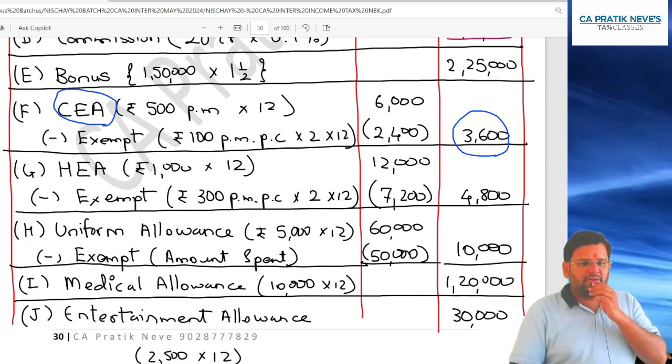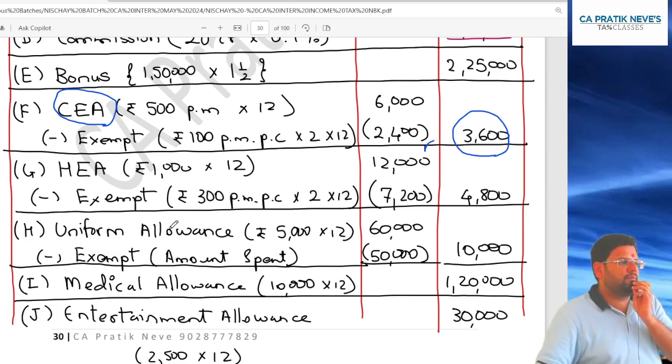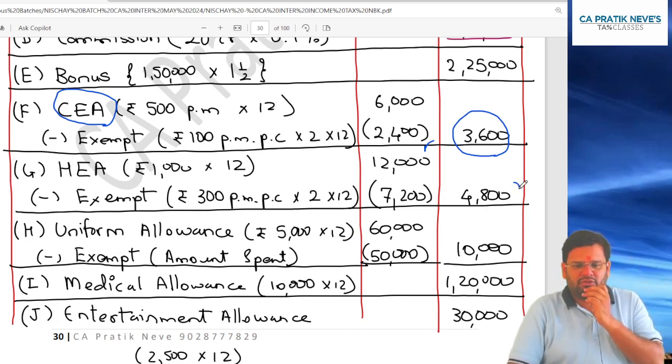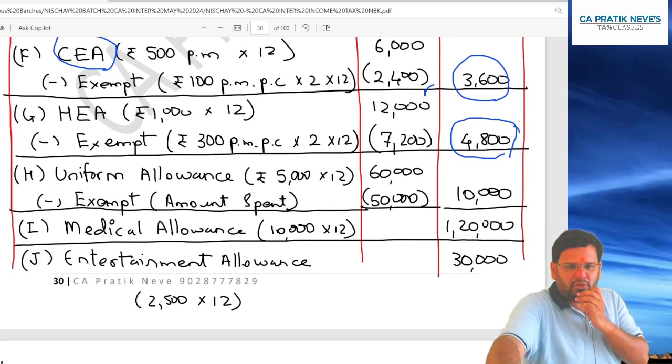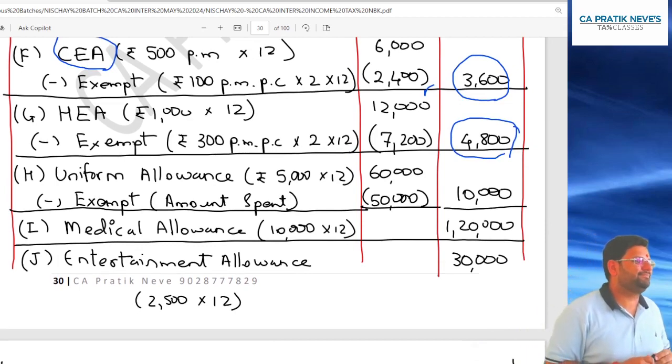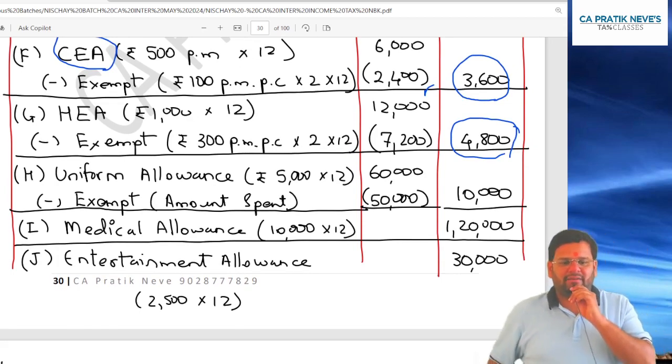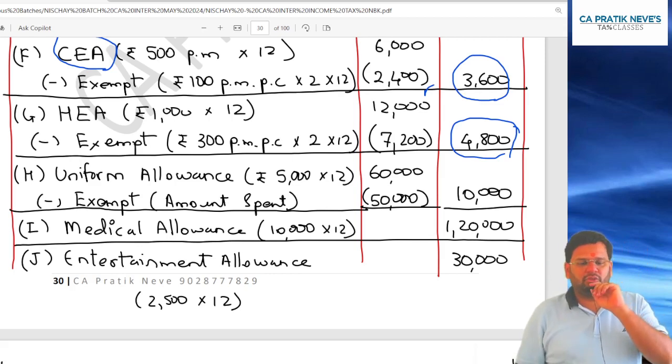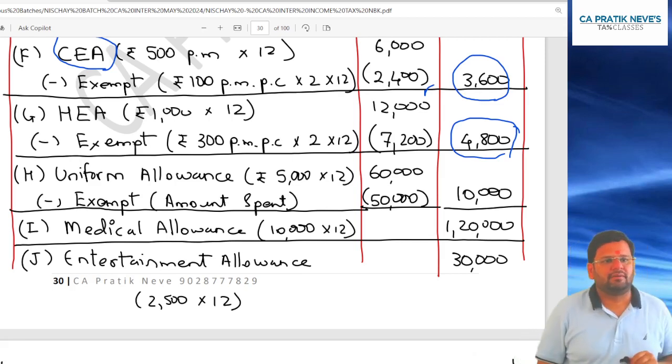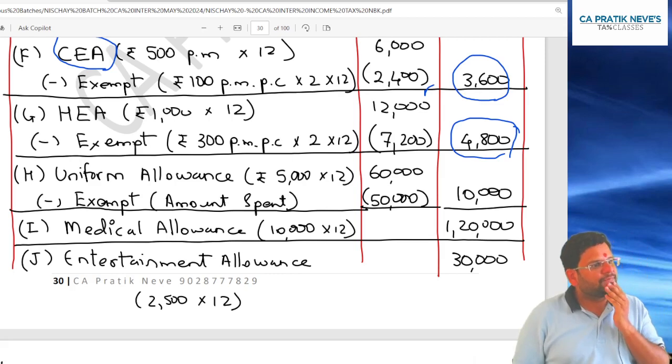Acha. Then do hostel expenditure allowance. 1,000 into 12 in the first column. Less exempt 300 per month into 12 months into 2 children, 7,200. So taxable in second column, 4,800. Uniform allowance 5,000 into 12, 60,000, less exempt amount spent.